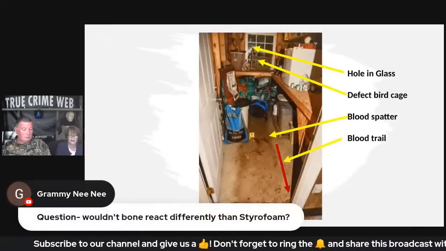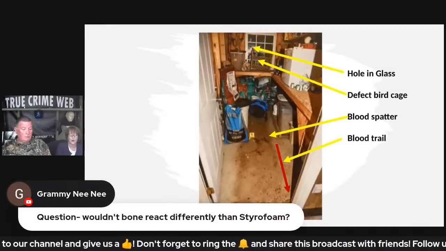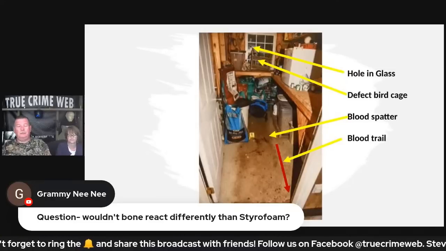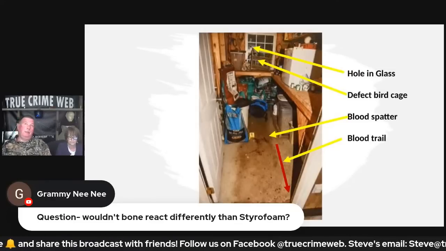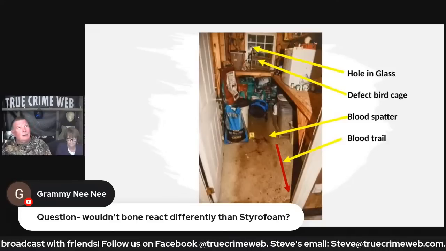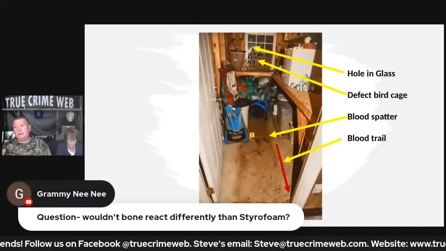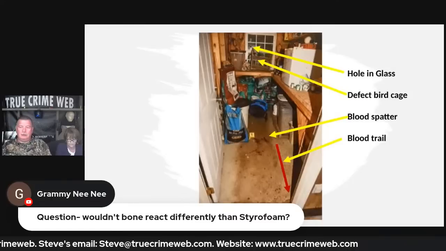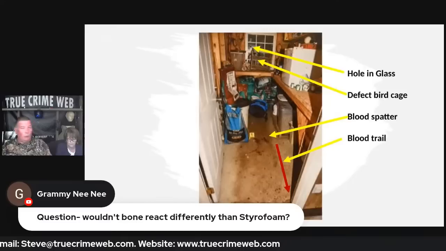Okay, and Grammy Nini, would bone react differently than styrofoam? Oh yeah, of course. And now the bone still has, there's a term for it, it still has an elasticity to it. But the forces at that distance, of course, bone isn't going to blow away in the wind like styrofoam.